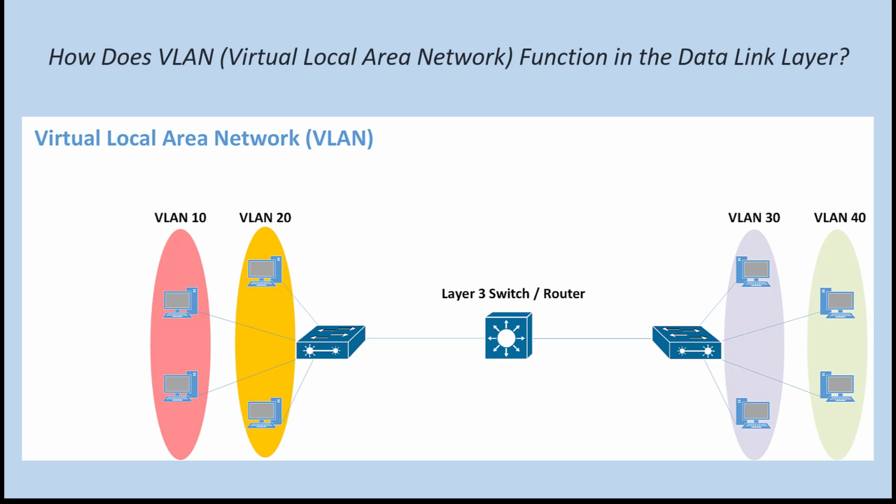In a nutshell, my friends, VLANs in the data link layer are like superheroes creating organized, safe, and efficient areas in your network. They are the behind-the-scenes champions, making sure every device has its own special path to the digital concert.